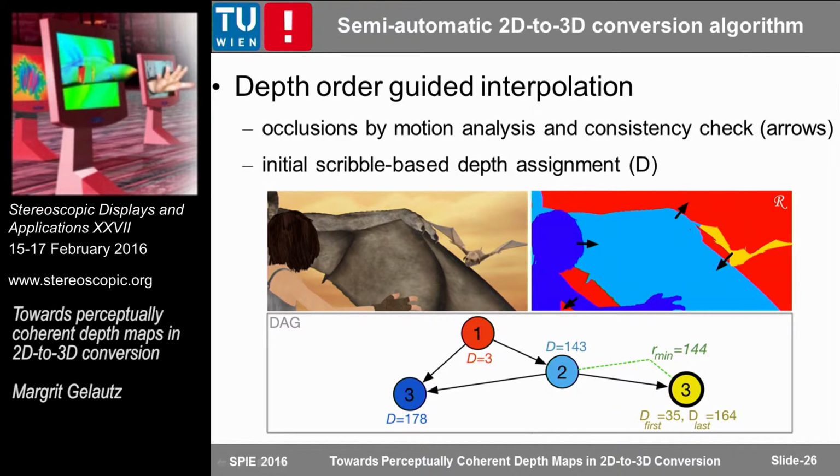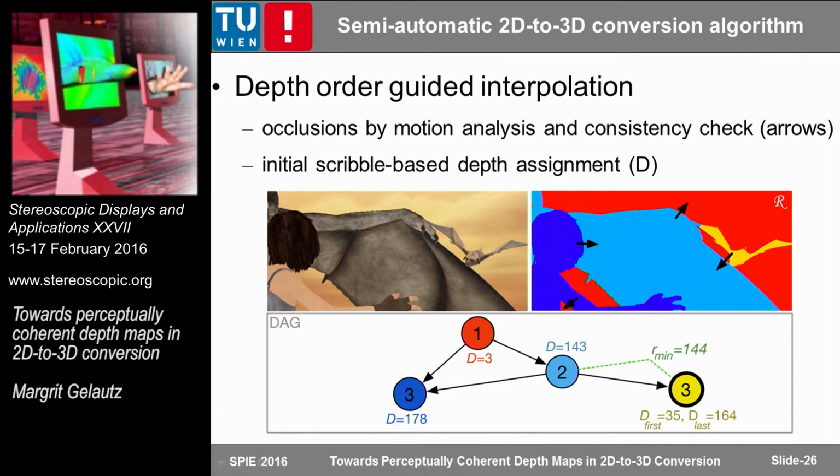So we have an intermediate frame of the input video, and the colors in this segmentation correspond to the user-provided colors, which mean depth values, on the first frame. And from the optical flow vectors I mentioned, we derive occlusions.